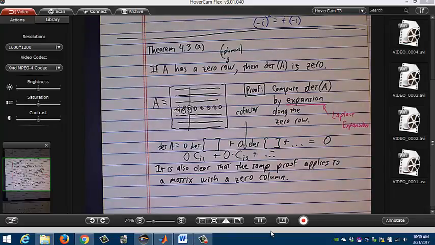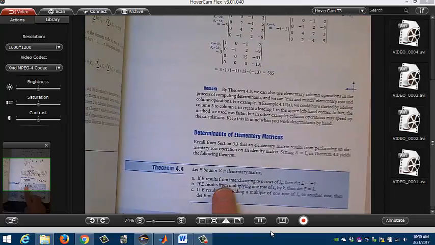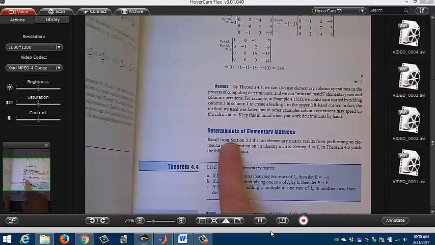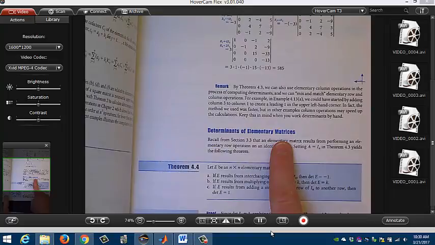You guys got my note that you don't have to read this whole thing? I mean, there's a lot in this section. I can tell you what we learned when I was in college. We learned all about this. The determinants of elementary matrices.